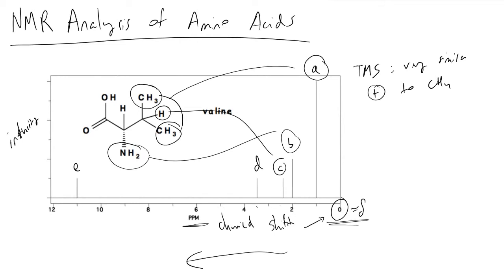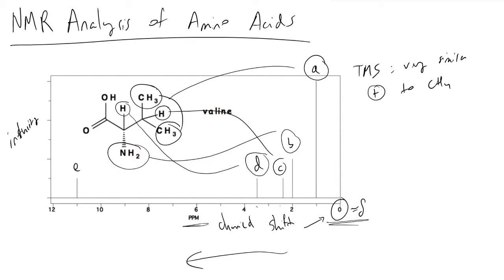Terminal methyl groups off a secondary or primary carbon are going to be very shielded relative to, for instance, a tertiary terminal methyl group. It's a mixture of intuition and memorization. Continuing, the next peak that we'll come across, farther downfield from methane and TMS, is peak D, which would correspond to this guy.